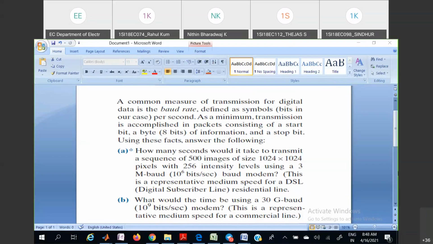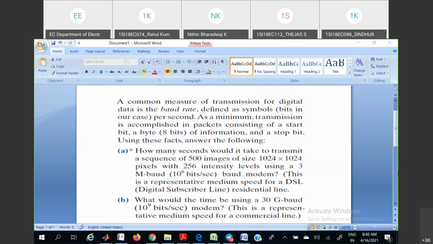Sir, actually, I got it as 2 power 10 for 1024.